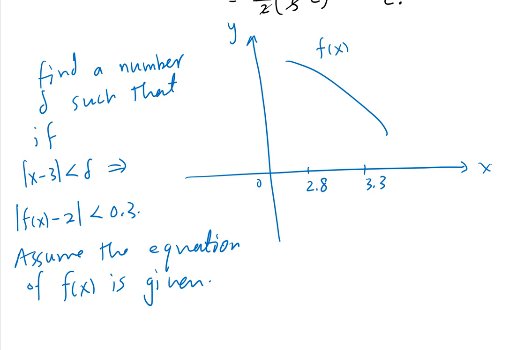If you look at this given stuff, this is epsilon, this is L, this is A. So A is 3, so 3 is here. So this is A plus epsilon, and this is A minus epsilon.